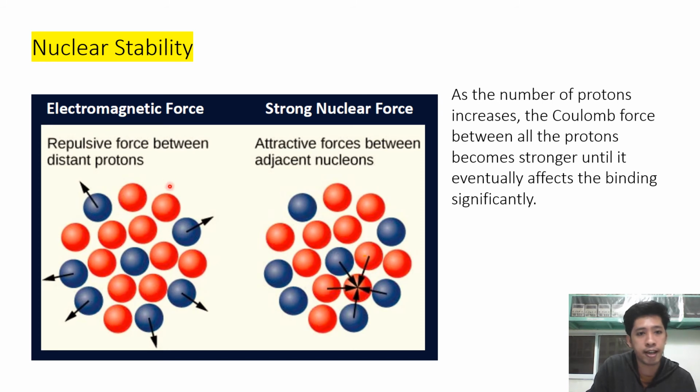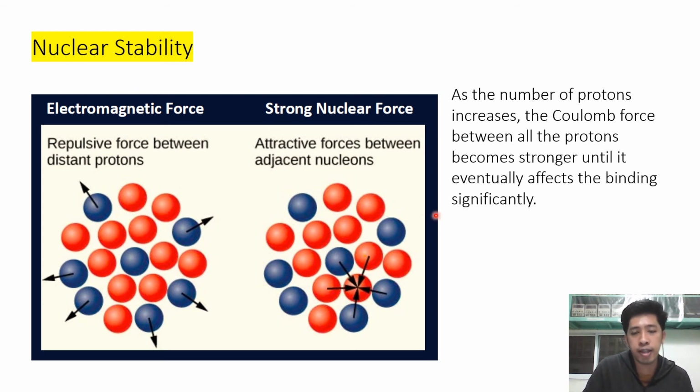As you can see here, the red spheres are your protons, and the blue spheres are your neutrons. If there are more protons, there will be more repulsions between distant protons, as compared to when you have a lesser number of protons. Here, you have the attractive force between the adjacent nucleons that can balance your atomic nucleus.